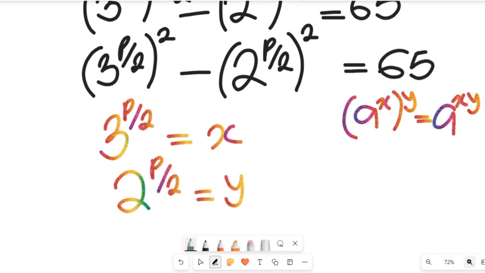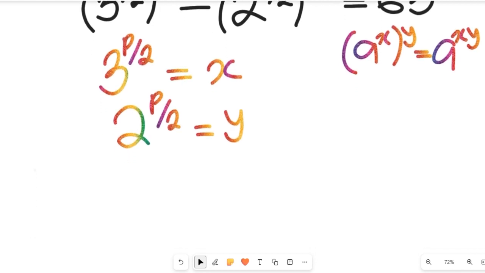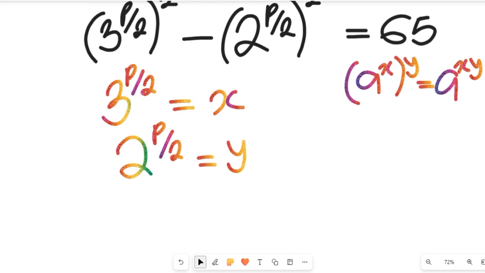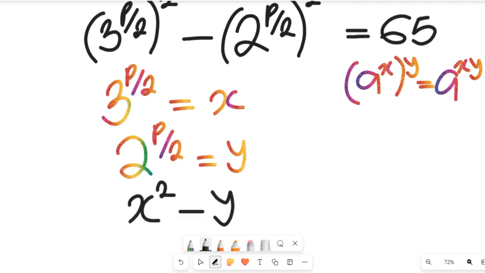So wherever we see that expression, we are going to change it to x and y. So this expression will now give us x to the power of 2 minus y to the power of 2, and this will be equal to 65.